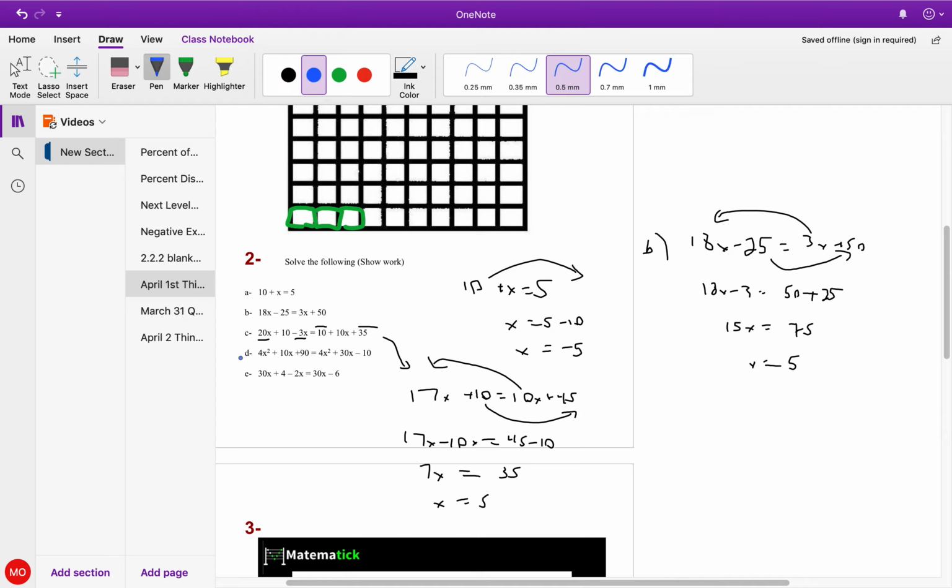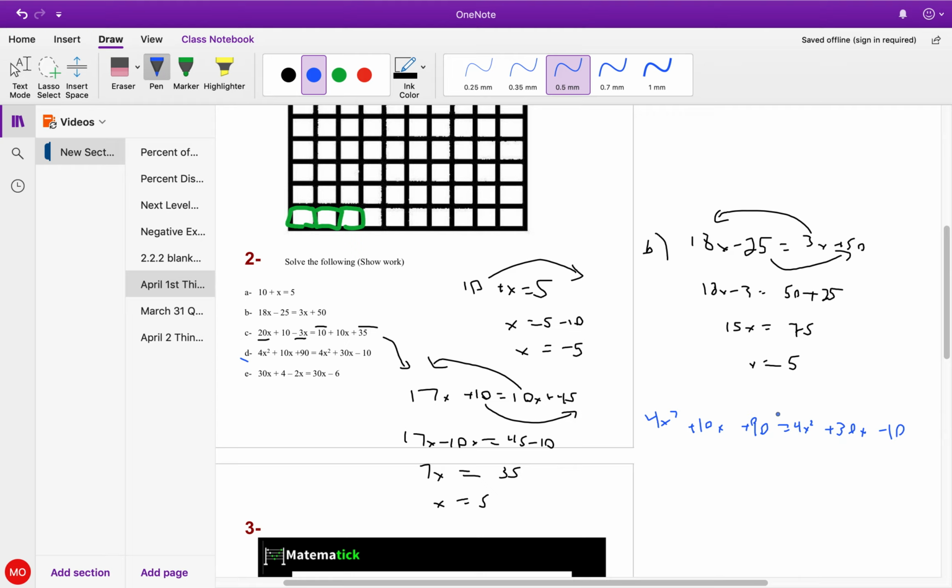Change my color here. So this one here, I threw in a little change. I have 4x squared plus 10x plus 90 equals 4x squared plus 30x minus 10.